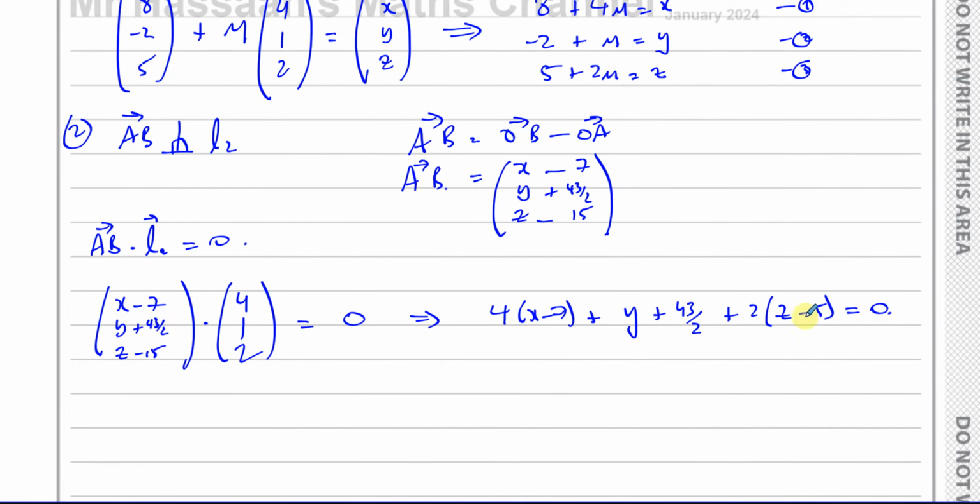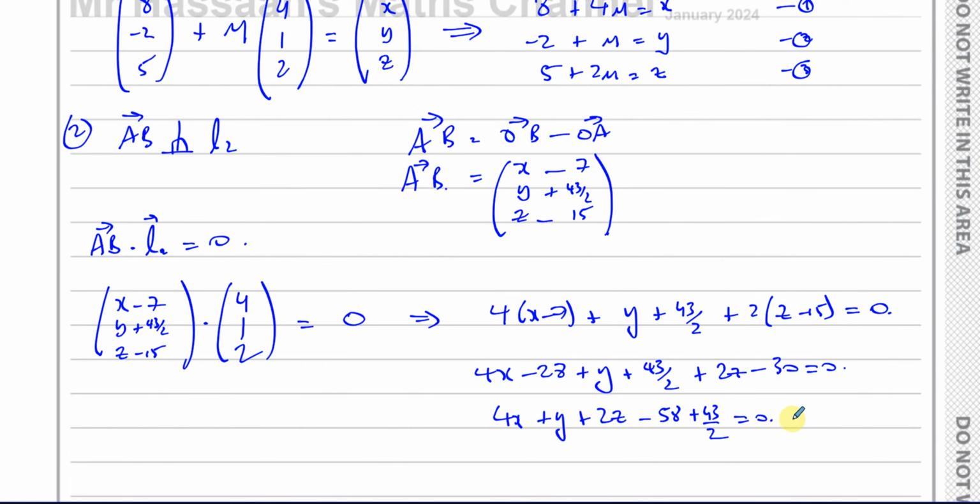So if I expand this, I have 4x minus 28 plus y plus 43 over 2 plus 2z minus 30 equals 0. So I have 4x plus y plus 2z, and then I have minus 28 minus 30, which is minus 58, plus 43 over 2 equals 0.